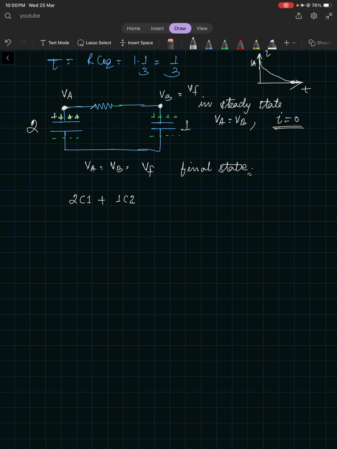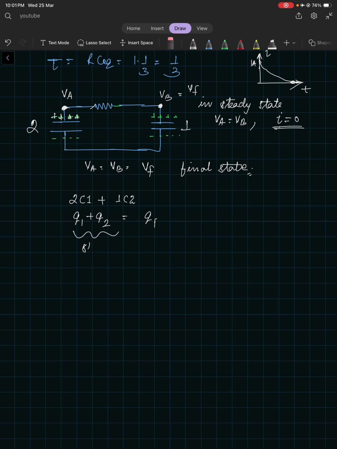Q1 plus Q2 will be the same as Q final in steady state.